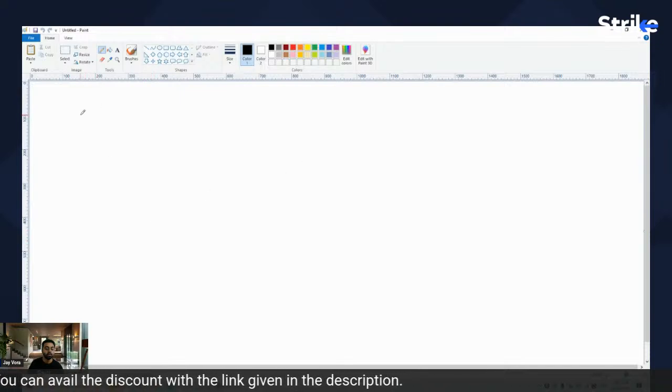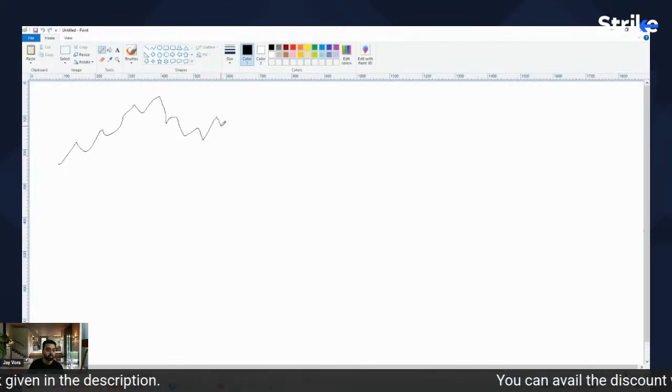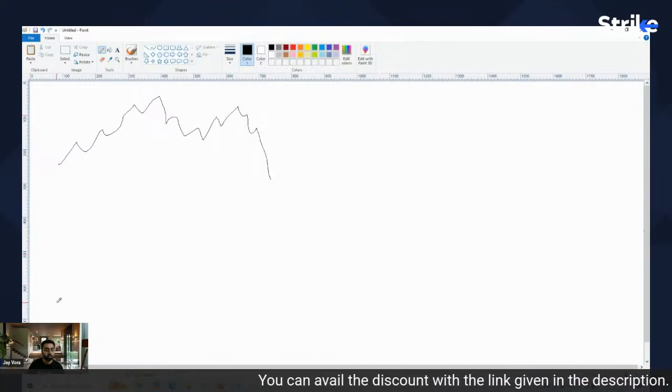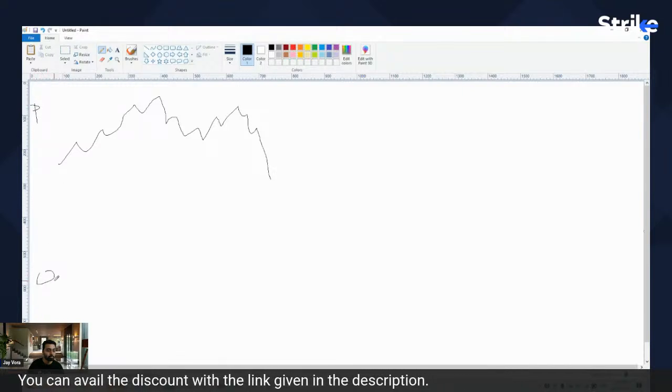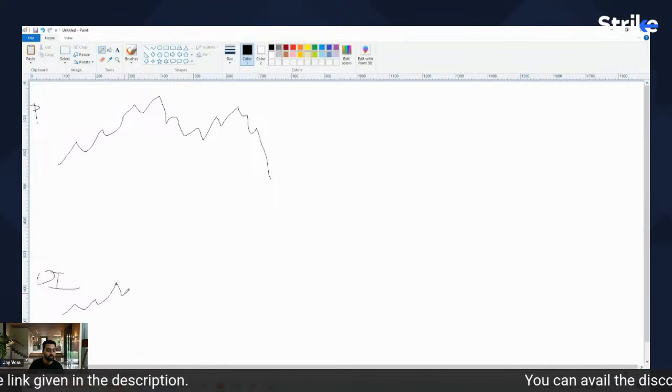See, this is your price action, for example, and this is open interest. Imagine that this is your open interest.